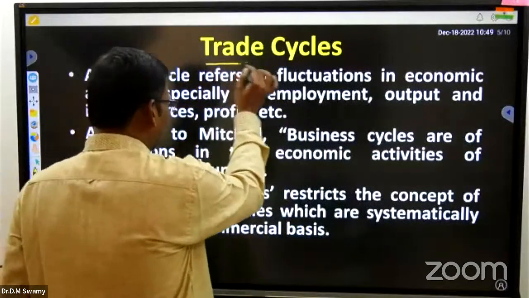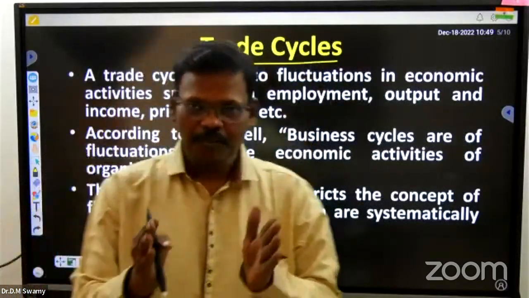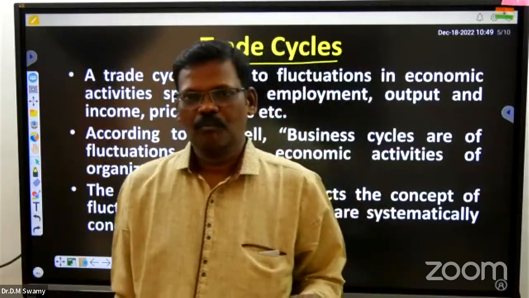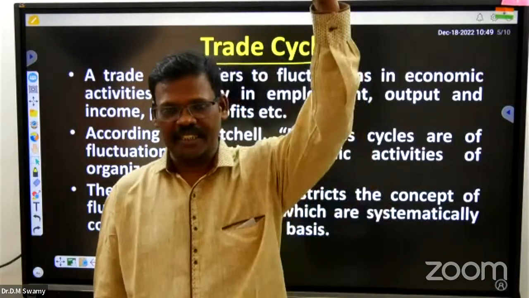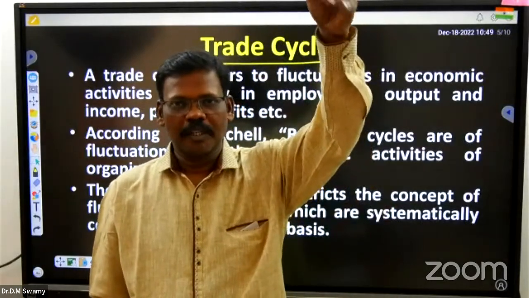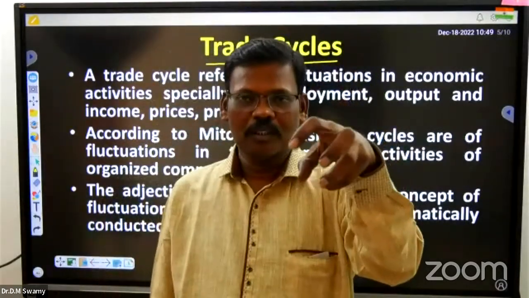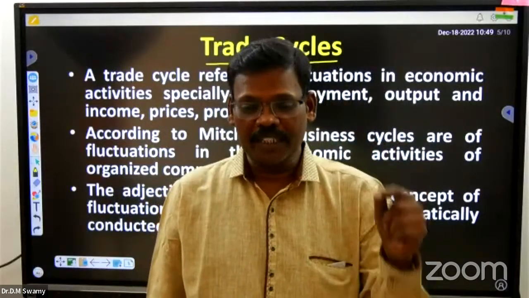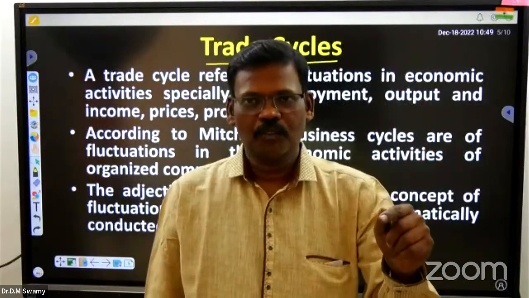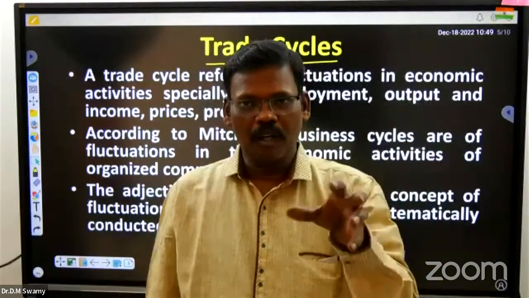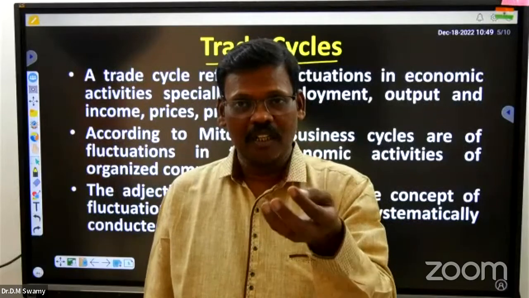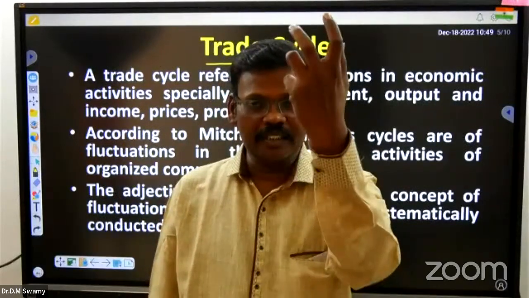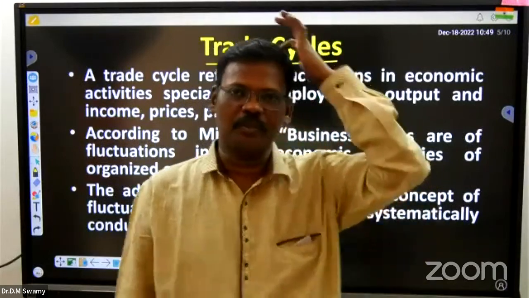Trade cycle is related to inflation, because whenever there is more inflation in the country, inflation leads to fluctuations in economic activities. Whenever there is inflation in the country, definitely there is a chance for ups and downs in economic activity, a chance for fluctuations in economic activity.